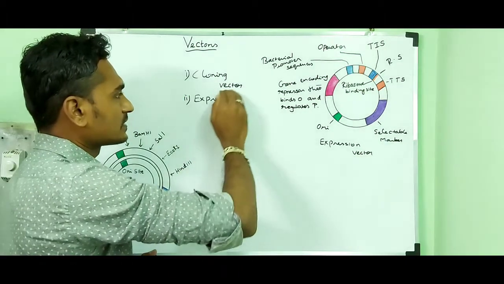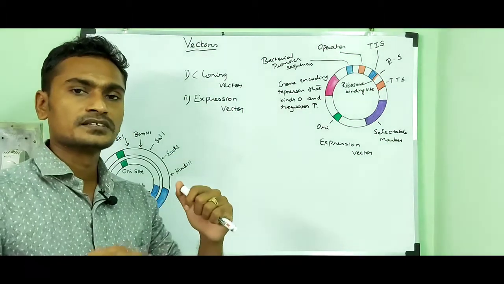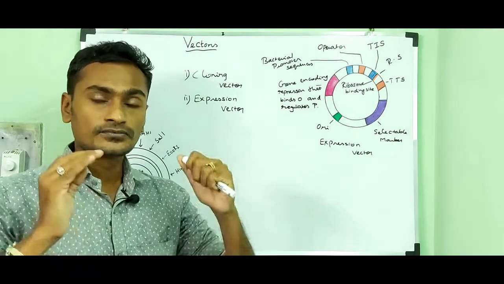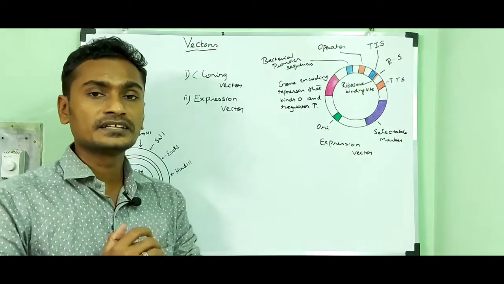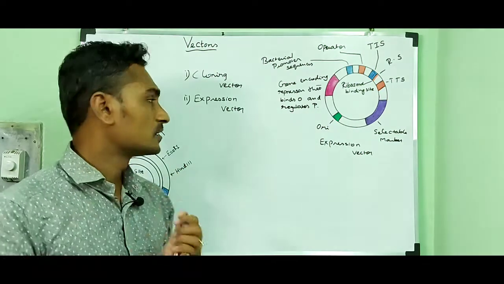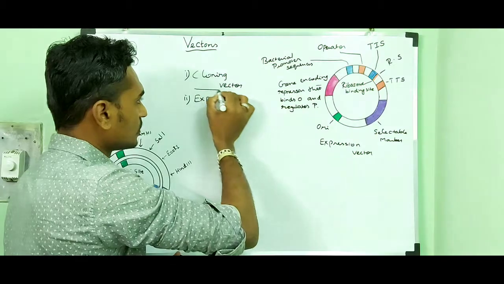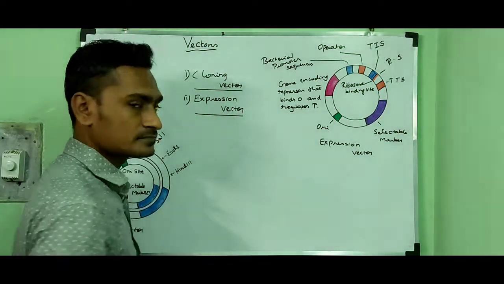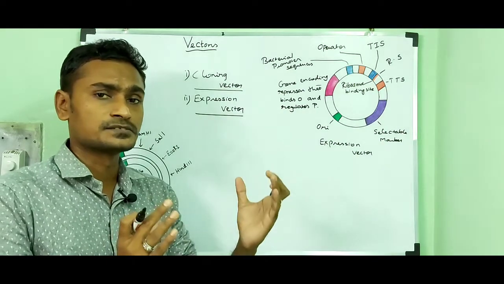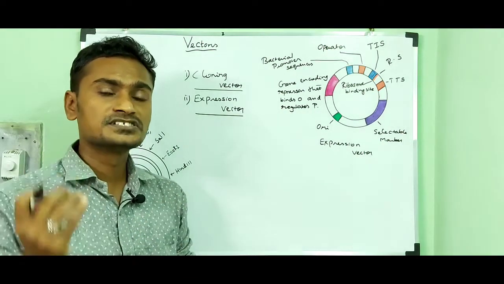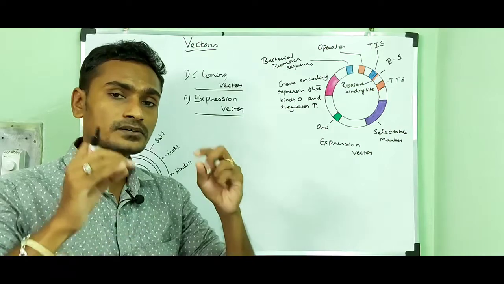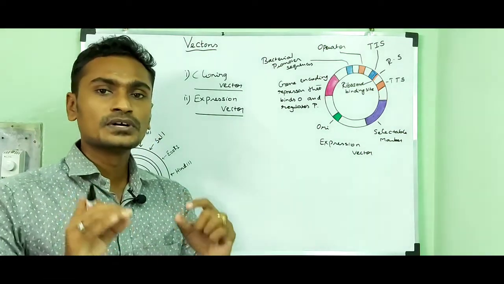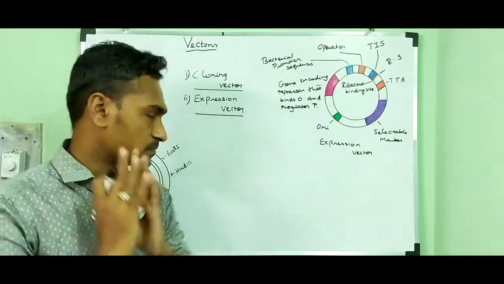The cloning vector can be defined as a DNA molecule which can carry the gene of interest or the foreign DNA into the host cell, and it can self-replicate inside the host cell, and that vector is called cloning vector. While in the case of expression vector, the expression vector is a plasmid that not only transfers the gene of interest, but it is also helpful in the analysis of the gene of interest through relevant protein product expression.